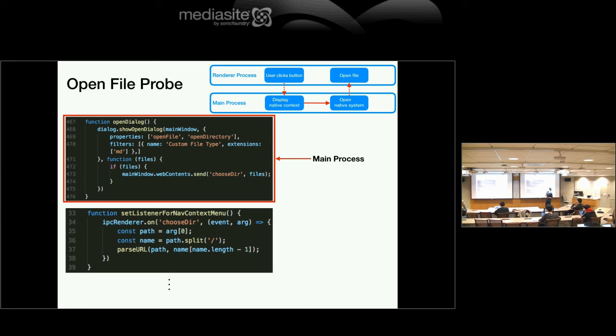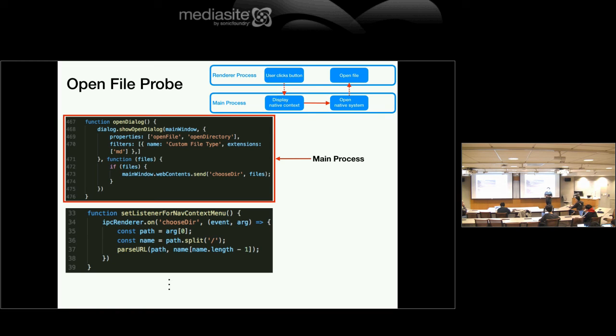And in the next line, we also specify an array of file types that can be selected or displayed. In this application, which is just markdown, the result of the user's operation will be sent back to the callback function at the argument files. So this callback function can check if the user selected a file or just clicked the cancel button.